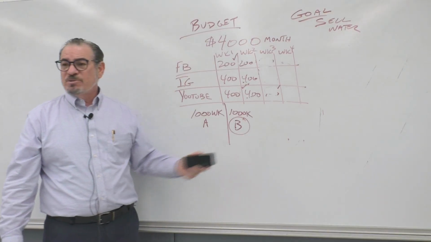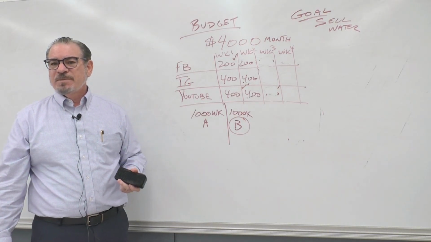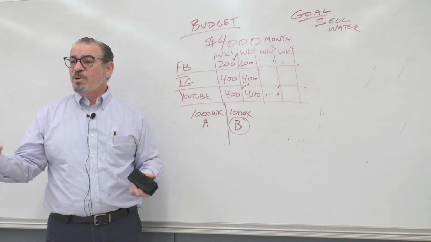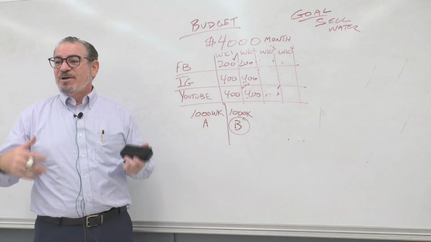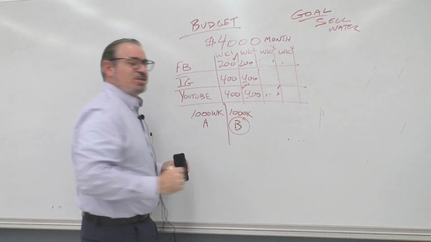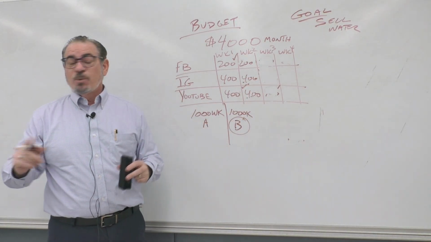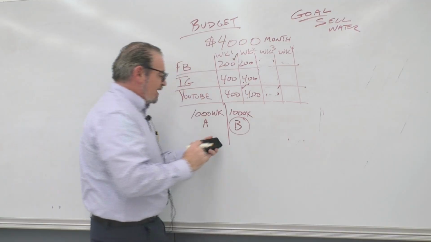Which ad do I use? Do I use ad A or ad B? Or do I continue using both and reallocate the budget? Okay, but then do I eliminate Instagram completely since it didn't perform? No, I wouldn't, right. So that's the other scenario.